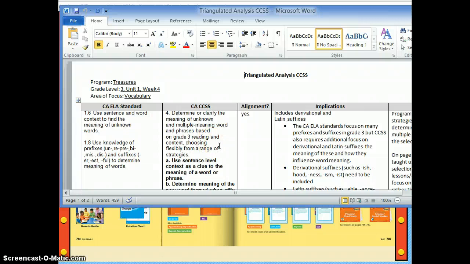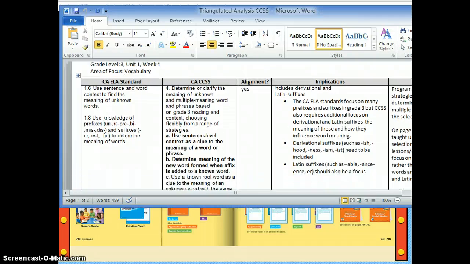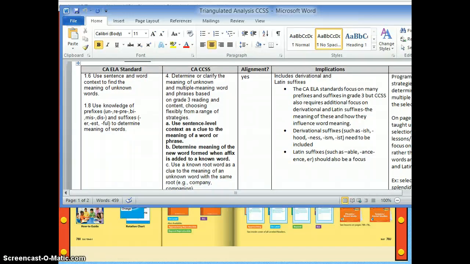Now, what I wanted to do is use the Crosswalks document to talk about how that standard is addressed in the Common Core. You'll notice that I lifted this right off the Crosswalks page. In terms of figuring out if the way the program lays out these lessons for vocabulary this week is going to be Common Core ready or meet Common Core, I need to figure out what that Common Core standard is.